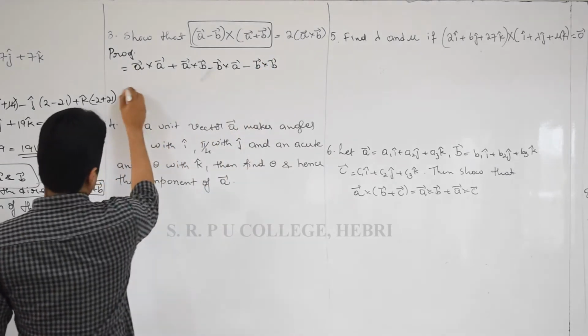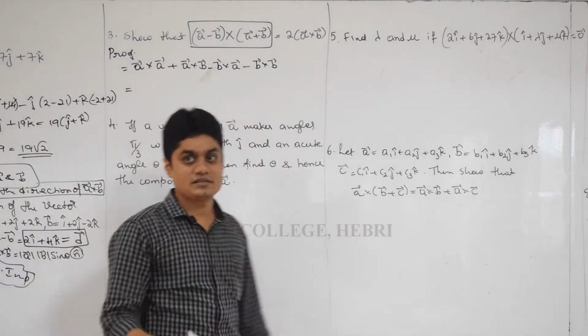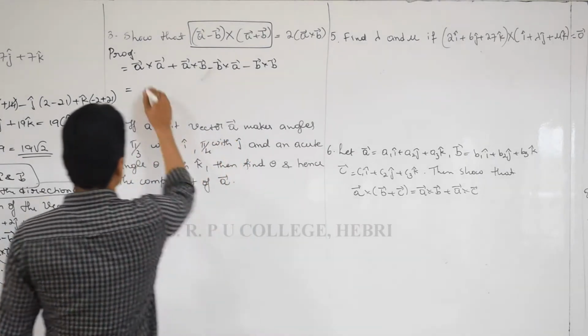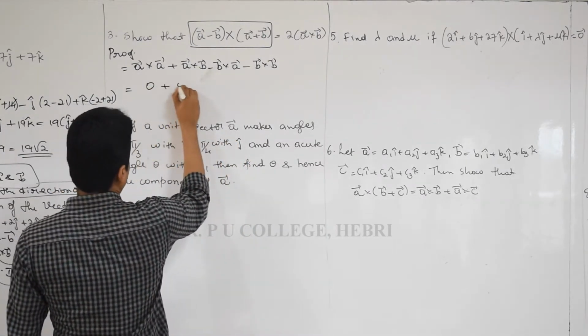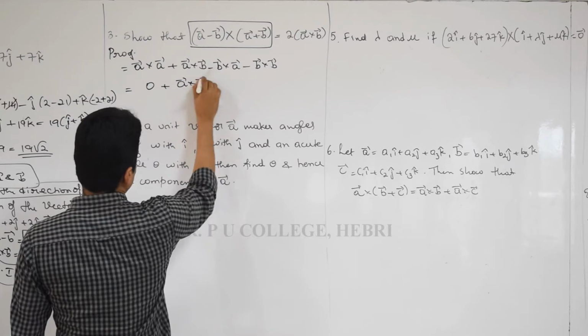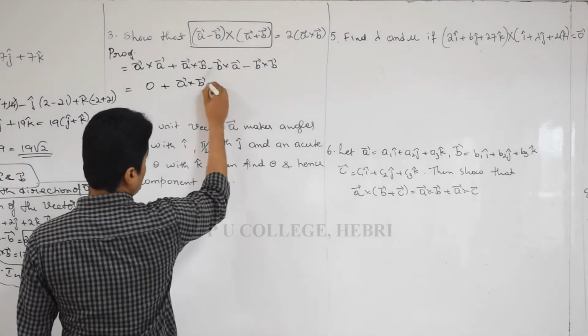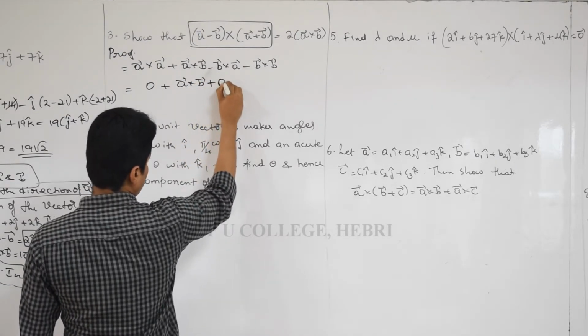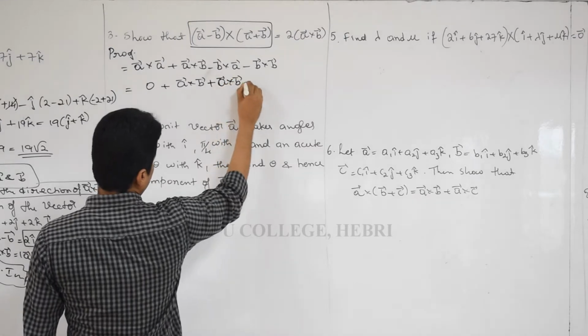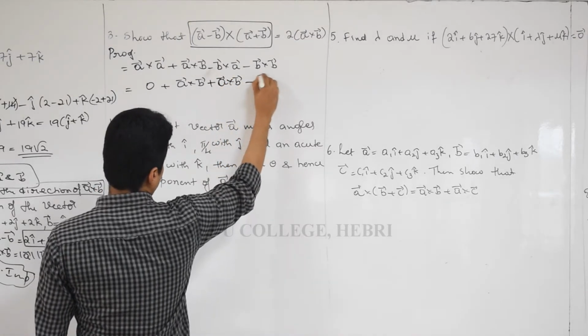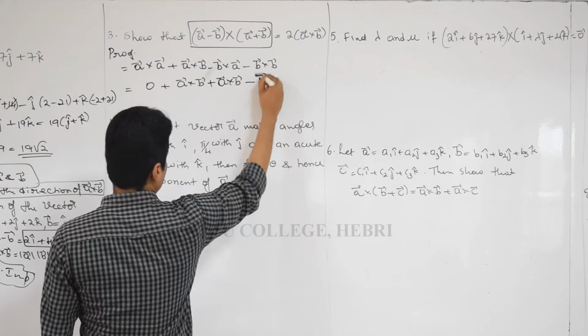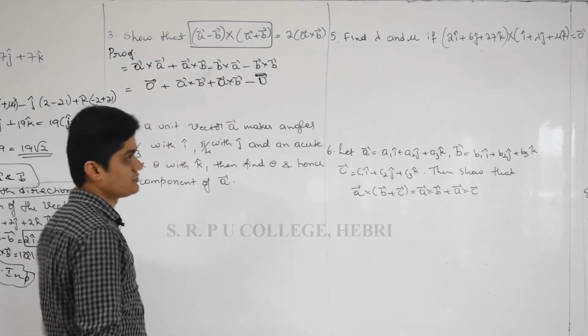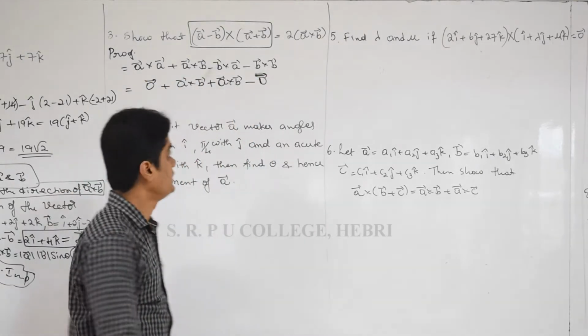We know that when you take the cross product of a vector with itself, the cross product will be 0, so this will be 0. And you know that A cross B is the same as minus of B cross A, so I can write this as plus A cross B. This is again 0, because you are taking the cross product with itself. Better to write the zero vector arrow mark, because the cross product between two vectors is a vector.